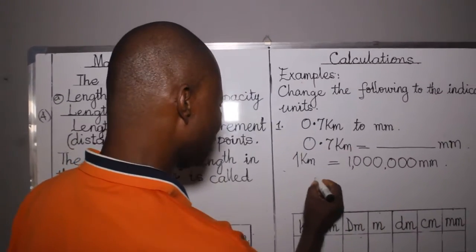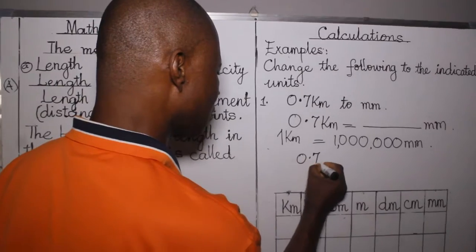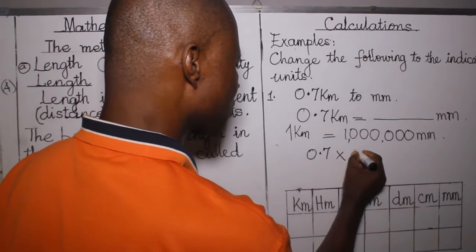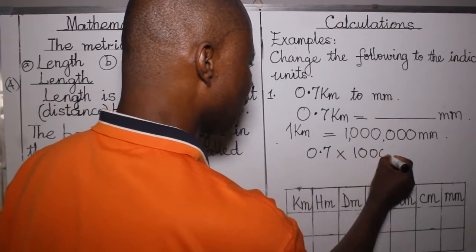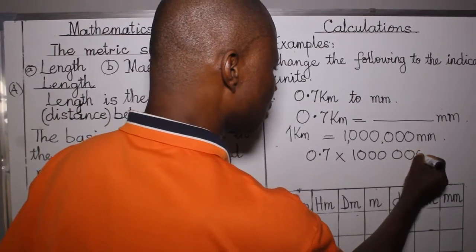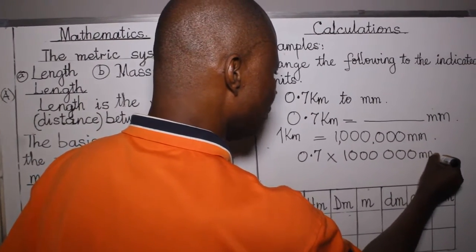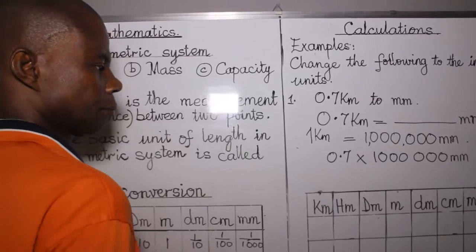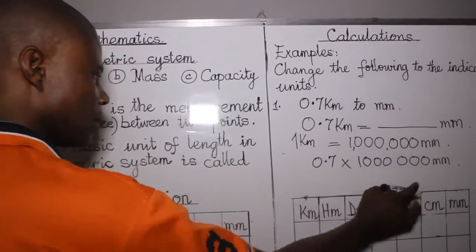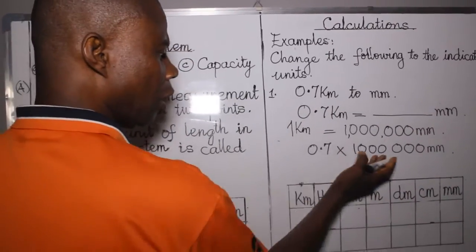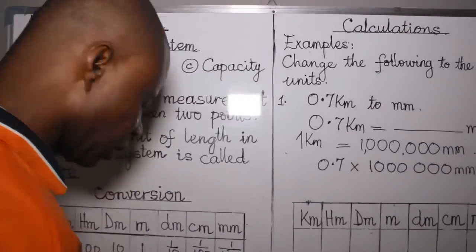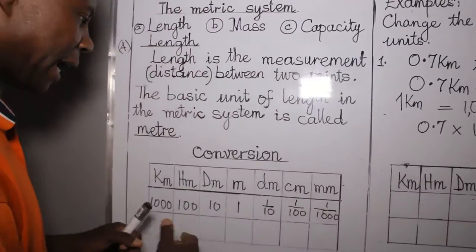Now to solve this, we multiply. That is 0.7 times 1 million millimeters. Under multiplication, please kindly take a look at this again.